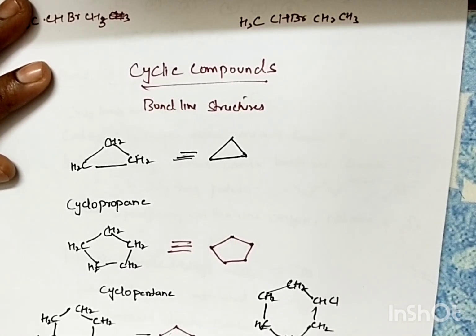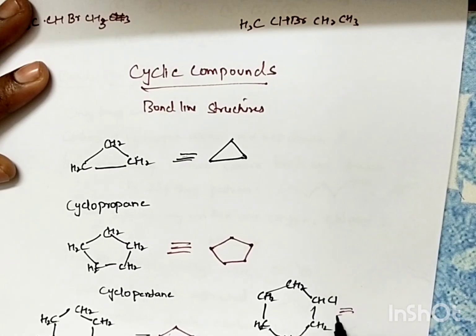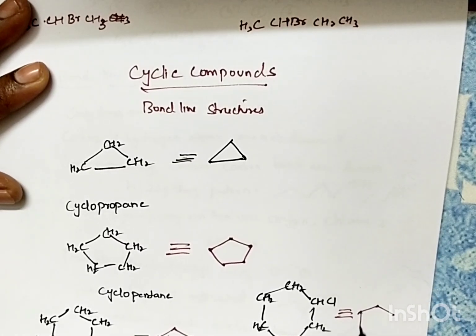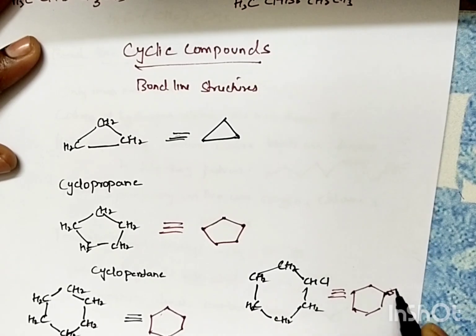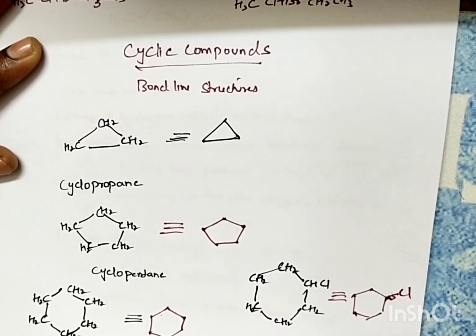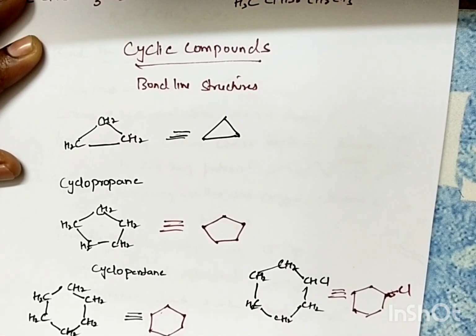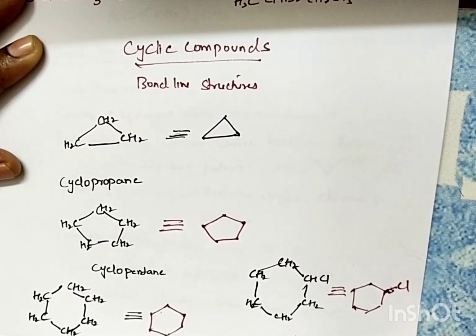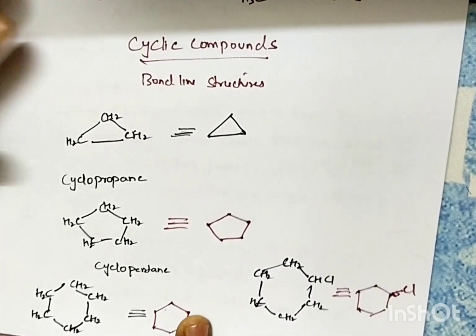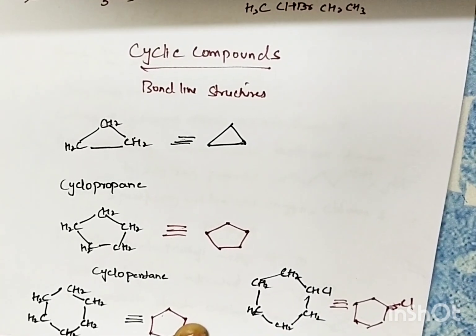How to represent this in bond line structure? So we will write like this. Here a chloro group. So this is chlorocyclohexane.